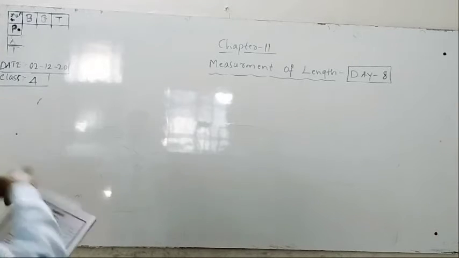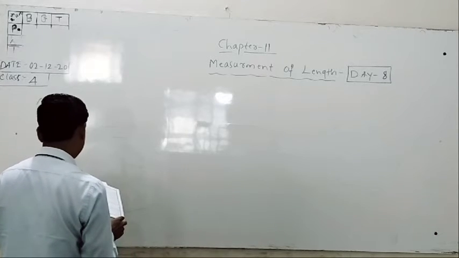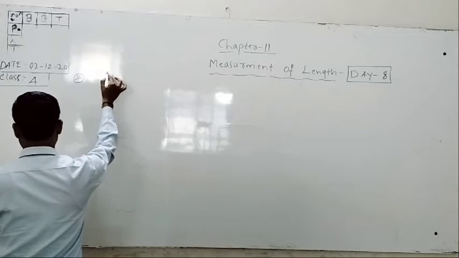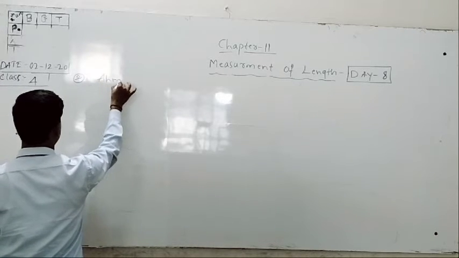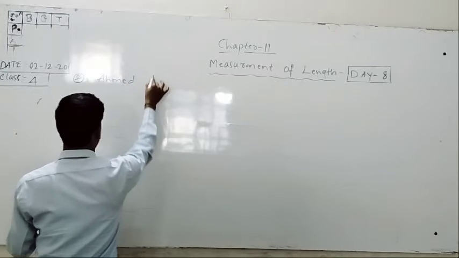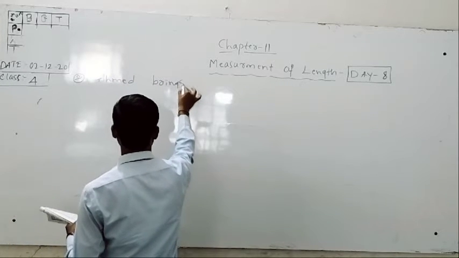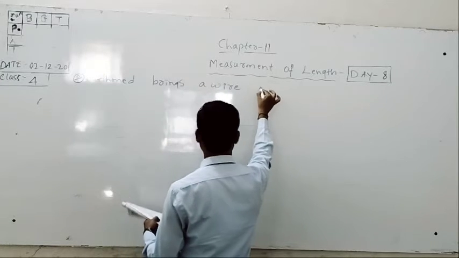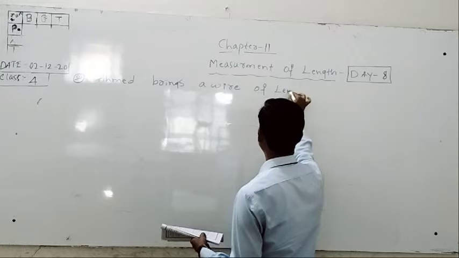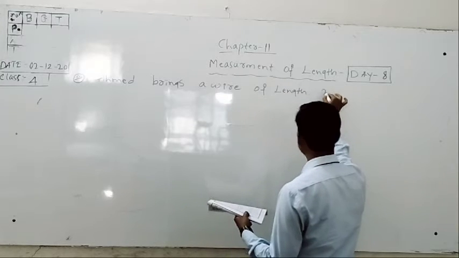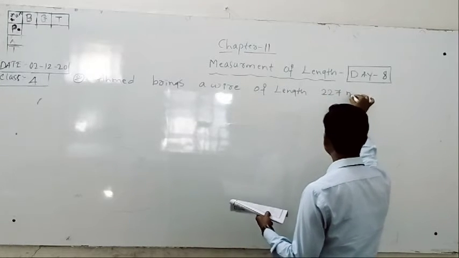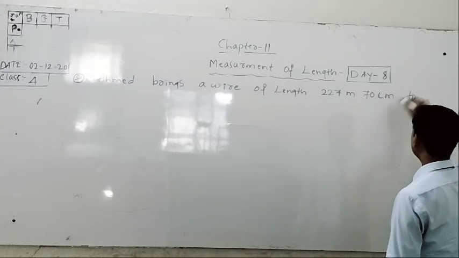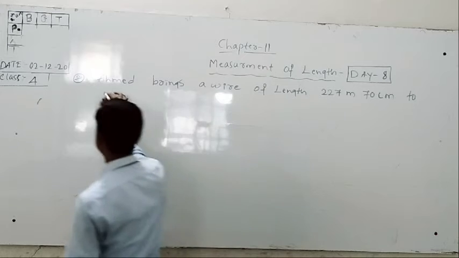Then next one, second problem, I will show you. Ahmad brings a wire of length 227 meter 70 centimeter to fence.